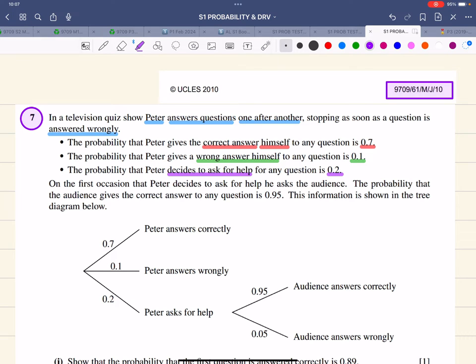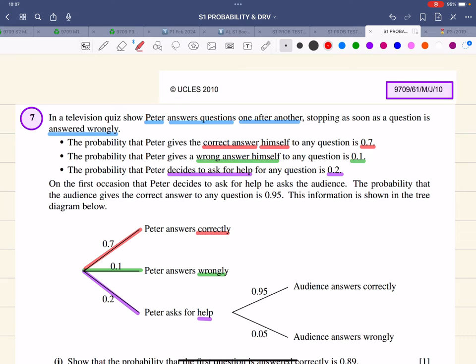So basically, if I highlight the stuff, this is the last line, that is Peter asks for help. And then the middle one, that is the green line, Peter answers wrongly. And then Peter answers correctly, that is the first one.